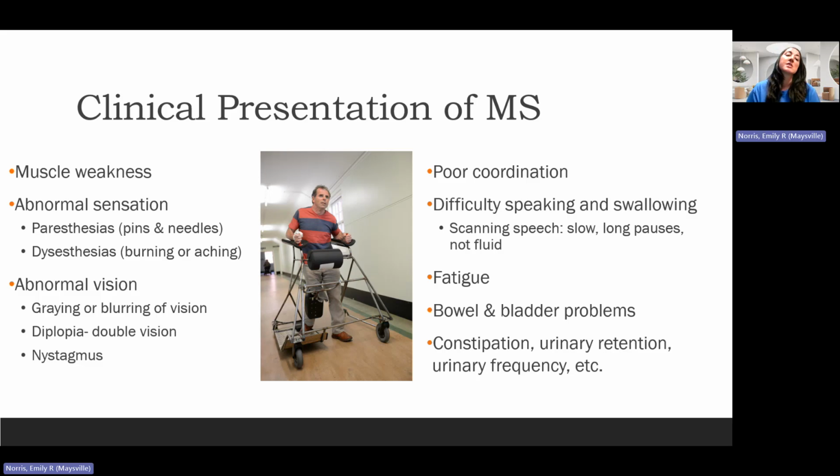So graying or blurring of vision, diplopia, which is double vision, nystagmus, those jumpy, shaky eye movements, poor coordination, difficulty speaking or swallowing, scanning speech, which is slow, with long pauses, thinking about the words really hard before you say them, not a fluid speech, fatigue, bowel and bladder problems, constipation, urinary retention, urinary frequency, are all signs of multiple sclerosis.